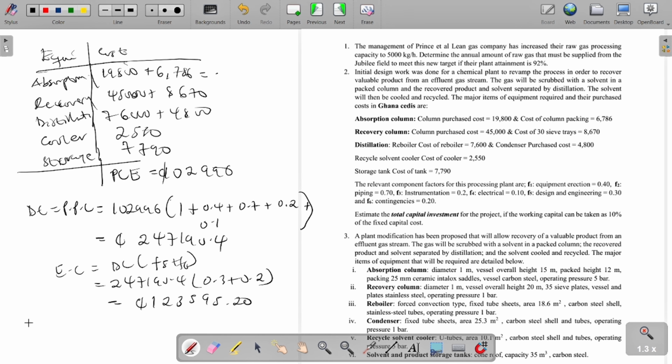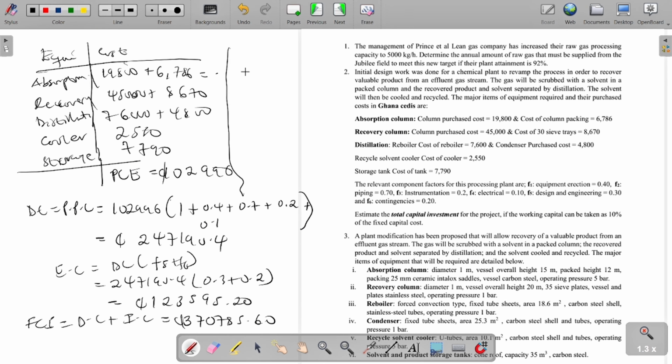I told you that the fixed capital investment consists of the direct cost plus the indirect cost. If I add the two, I have 370,785.60 Ghana cedis.